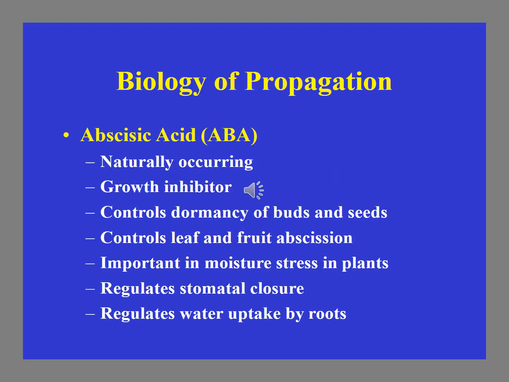There's also abscisic acid. It's naturally occurring. It's a growth inhibitor. It controls the dormancy of buds and seeds and leaf abscission. That's the main thing I remember from being an undergrad and learning about this: it's produced in the fall to make deciduous tree leaves have a clean cut between them.